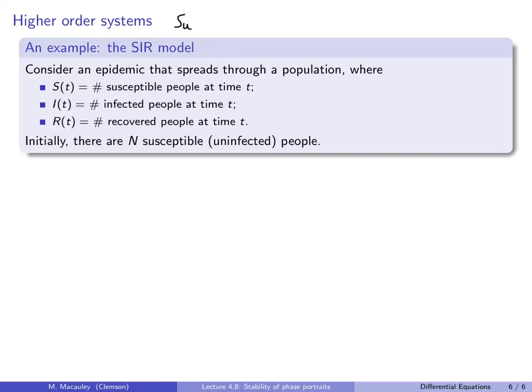And then some people, when you get sick, you transition into the infected state. And then when you get better, you get an immunity, and you transition into, and you become recovered.